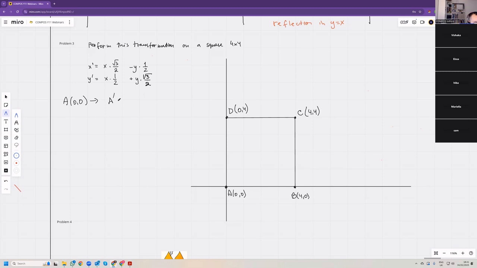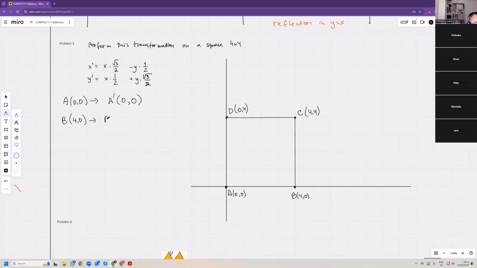Now A, which is 0, 0, becomes A dash, which is, well, 0 times square root of 3 minus 0, so that's 0. 0, 0, well, that's 0. Easy. B. B is 4, 0.